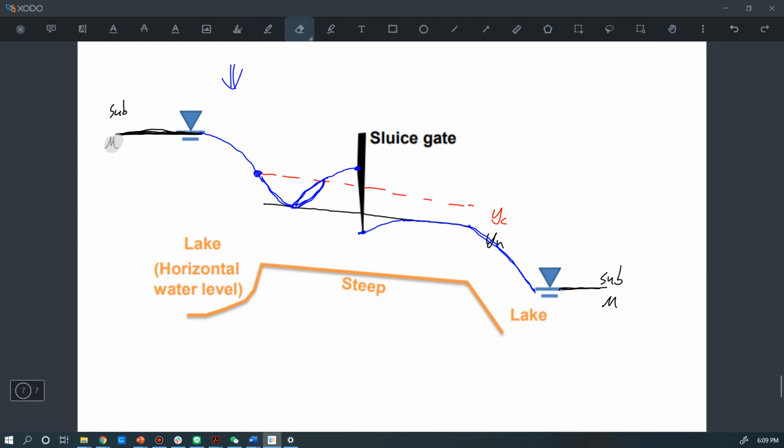So let me erase this to avoid confusion. Let's start to name the curves. Let me change the color.